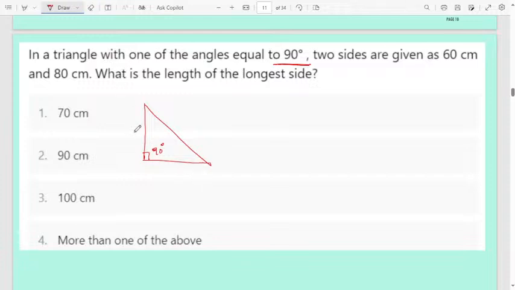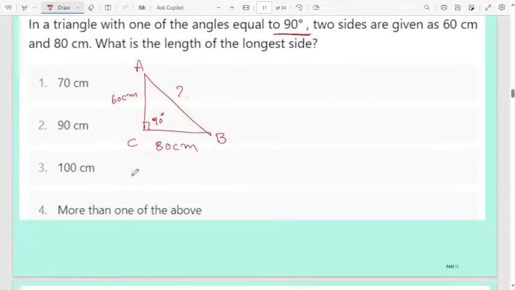Either way you take them, this as 60 and this as 80, the values will not change. What is the length of the longest side? You have to find the length of the longest side.